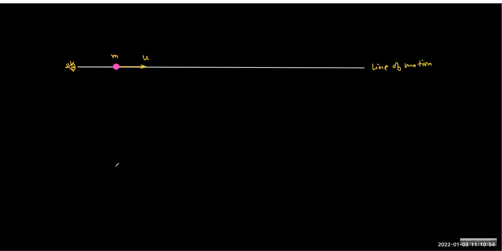But imagine another observer who is somewhere here. Right now, this guy is exactly below the object. But at the very next instant, the line joining the object to the observer will keep on changing direction. You can see.